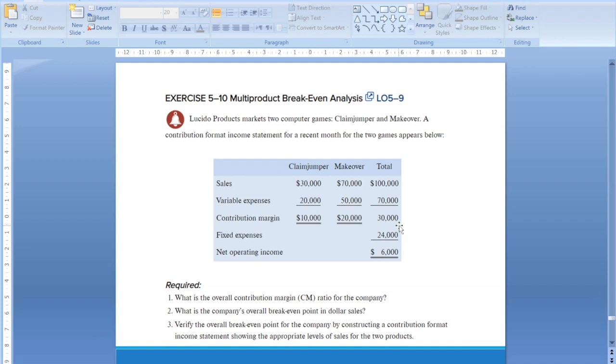What is the company's overall break-even point in dollar sales? For the whole company, we need to remind you that the break-even point in dollars equals fixed expenses divided by contribution margin ratio. If we're talking about more than one product, then we need to use the total contribution margin ratio.